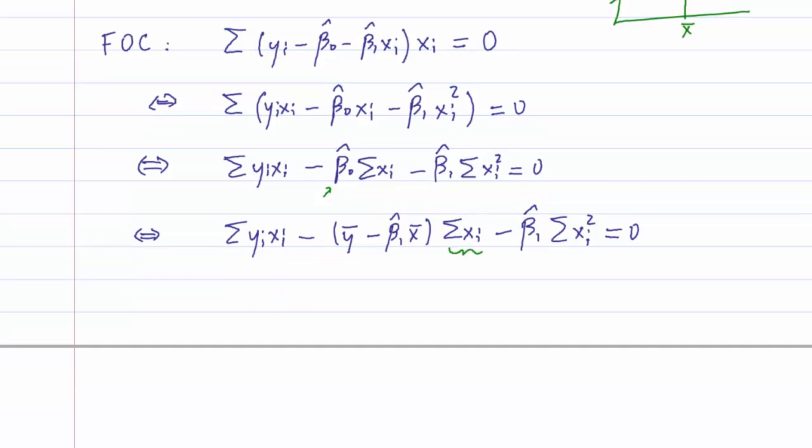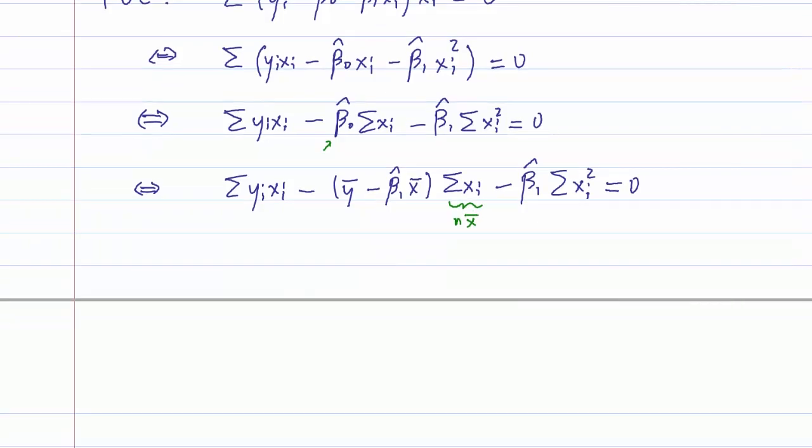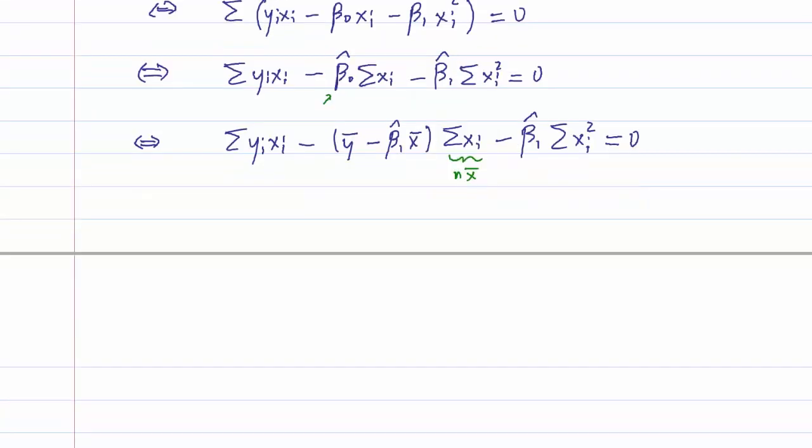We know that this is n times x bar, so let's put it inside the parentheses.